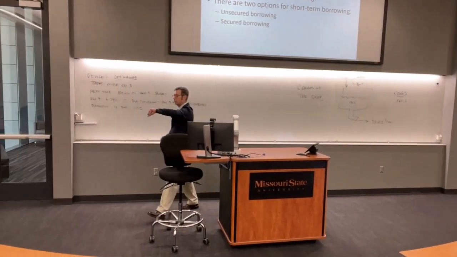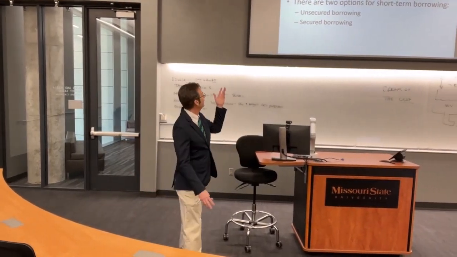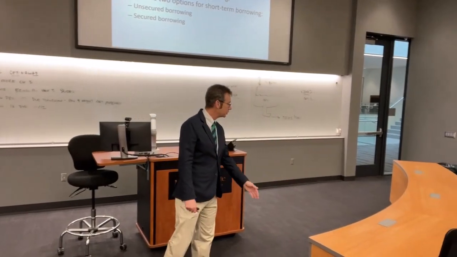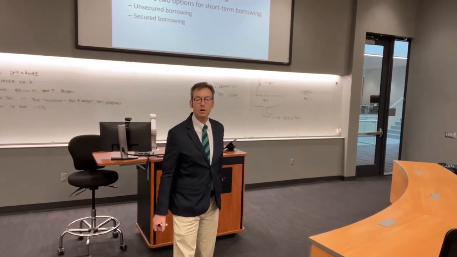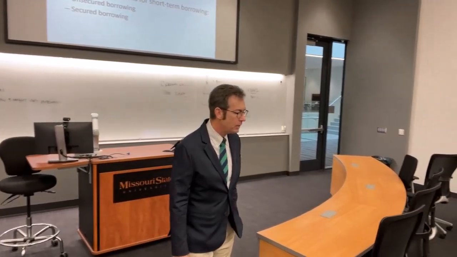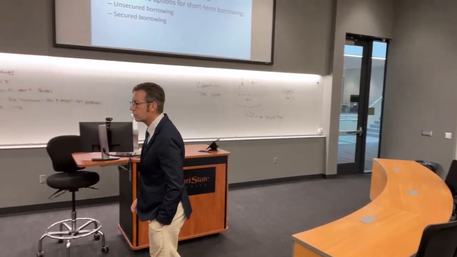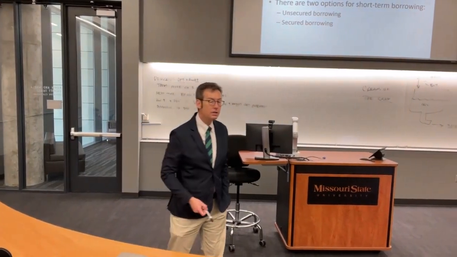Let's talk about short-term borrowing. We already talked about the long-term debt, the long-term capital investment, but your short-term stuff you can cover with short-term borrowing. And there are two kinds of short-term borrowing, unsecured and secured. What is secured borrowing? Yeah, there's collateral.